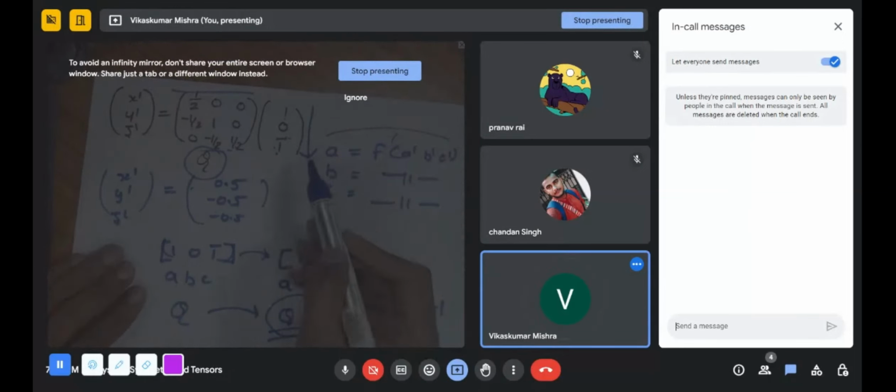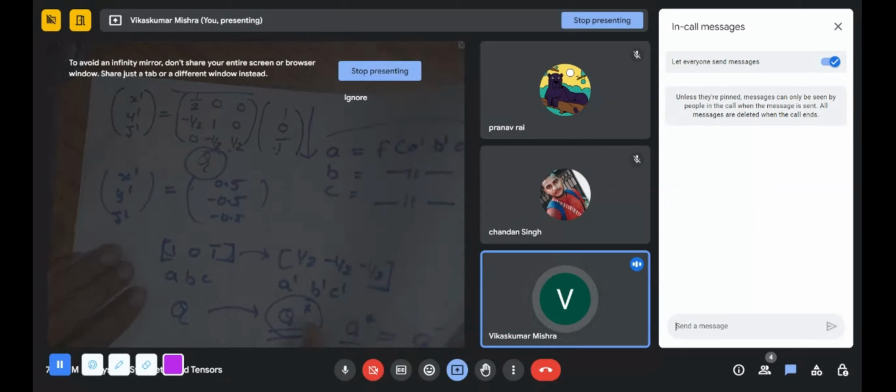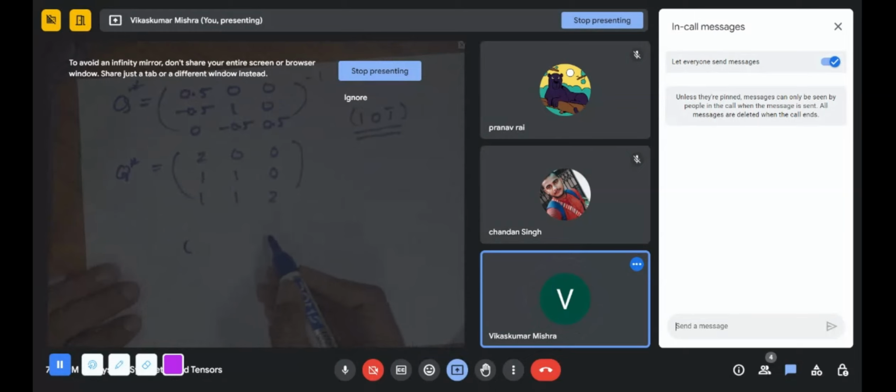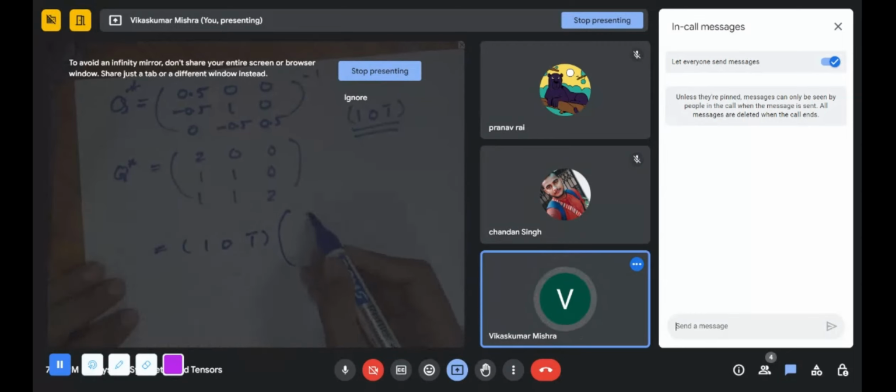But when we do the same thing in the reciprocal space, we have to write them as a row, 1, 0, 1 bar.